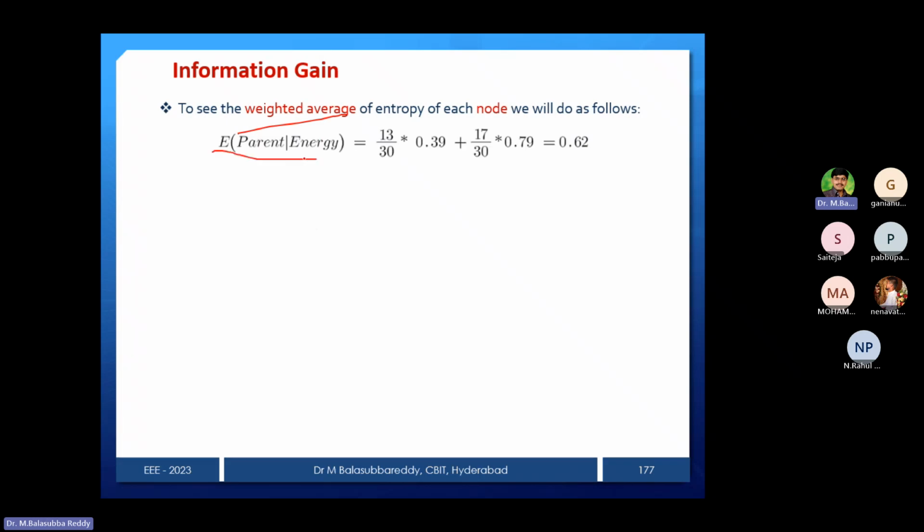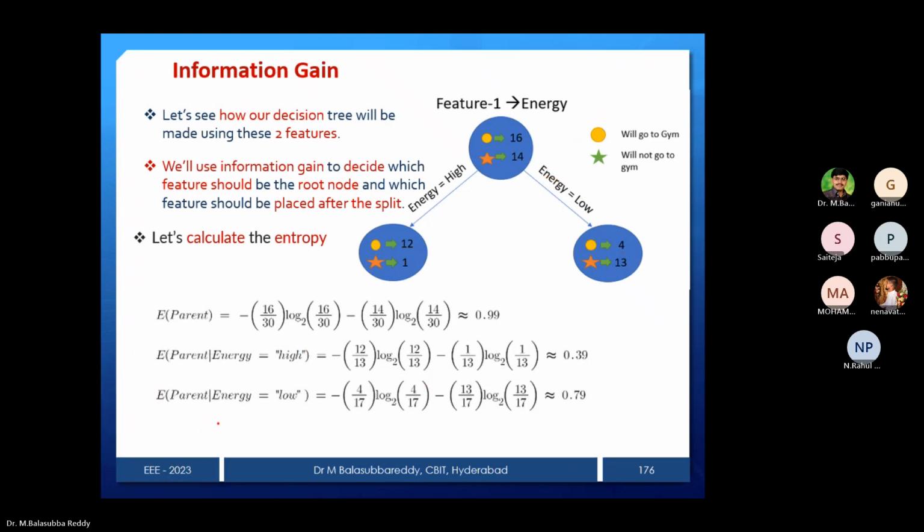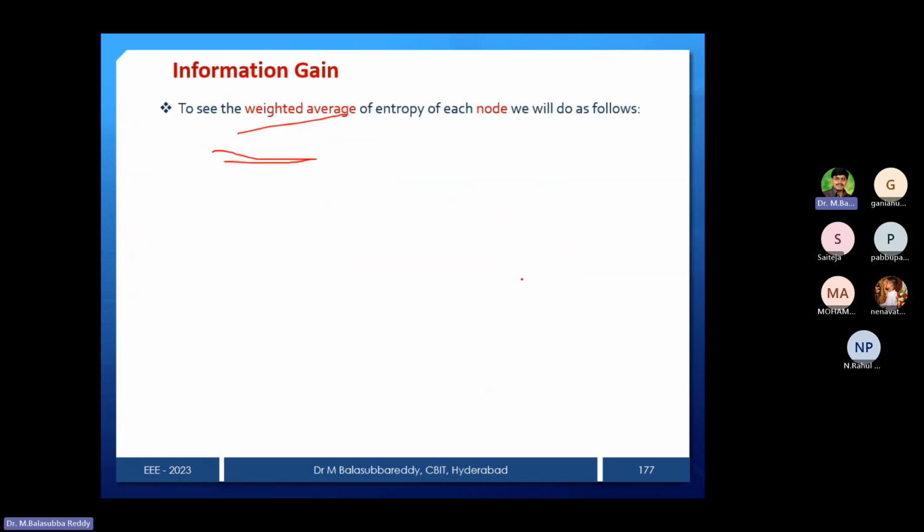In the weighted average of entropy for the parent node with energy, you can see the weights from the data. Here is 13 and here is 17. So we consider the weighted average out of 30: 13 is positive, multiplied with this entropy.